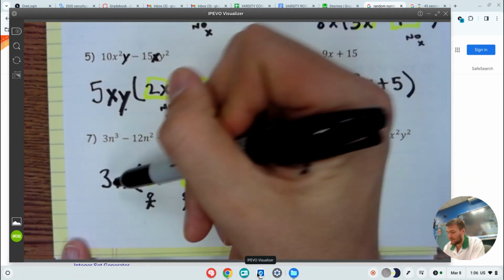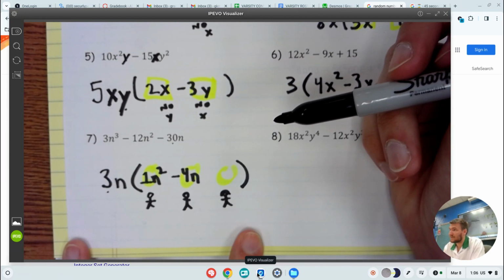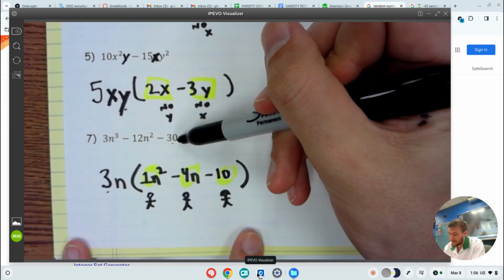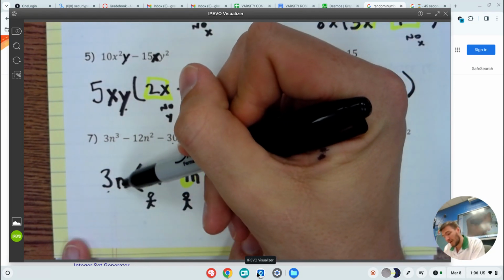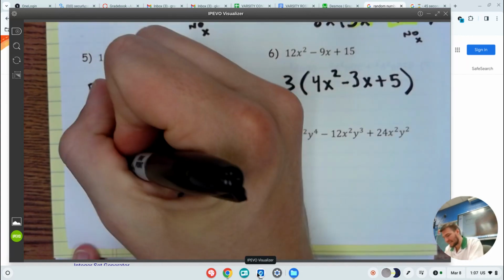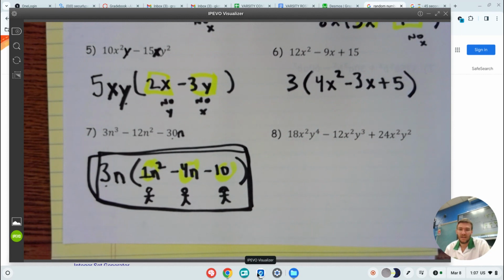Because we're here. 30 divided by 3. 10 minus 10. And then we have an n, but we need to get rid of one n. So how many n's should the 10 have? 0. Perfect. This is the answer. We all work together. 3n parentheses 1n squared minus 4n minus 10 with no n's.